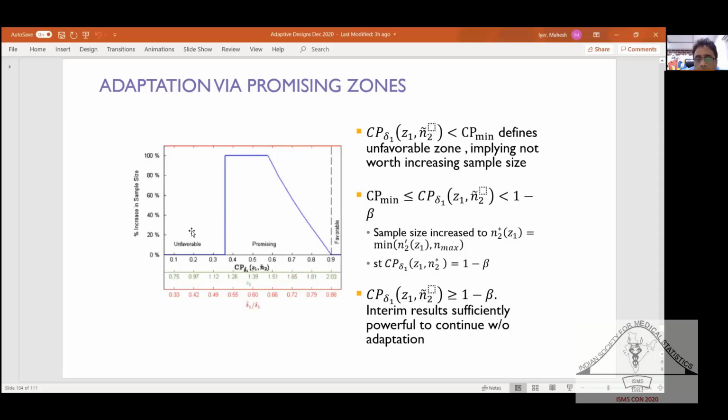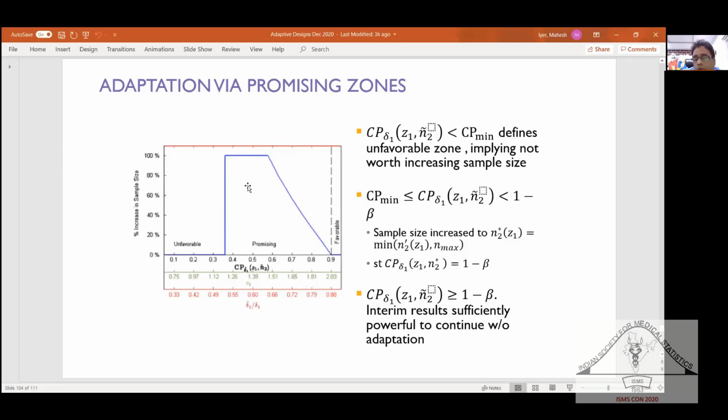Now when you get beyond 0.36 up to 0.9, this is your interim conditional power, the conditional power based on your interim data. This is called the promising zone, between 0.37 and 0.9. In this zone, you can actually increase your sample size and get some benefit. By how much can you increase? This is your percentage increase. You can increase by 100%, which means you can double.